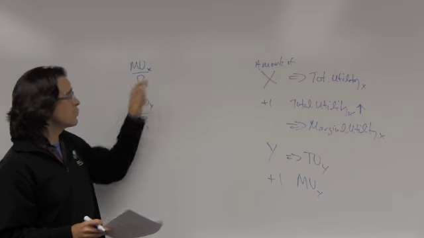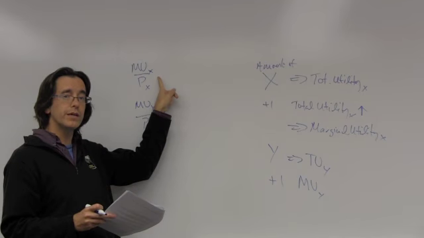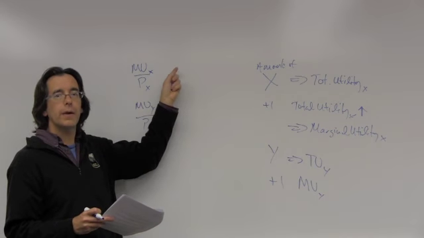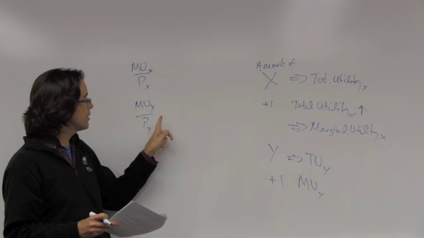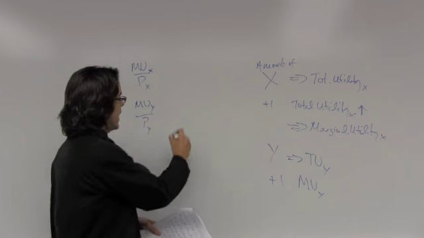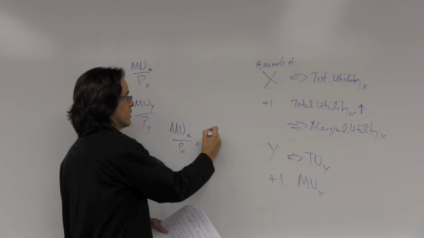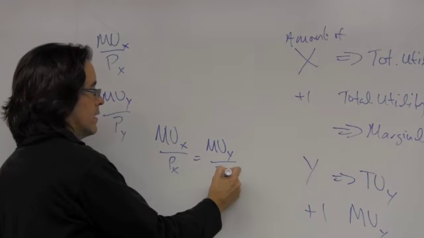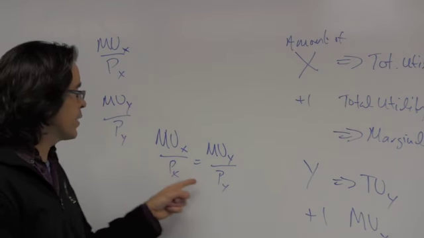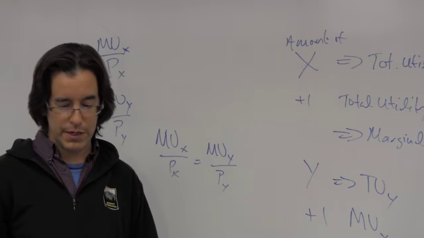If this ratio of marginal utility to price for X, how much more utility we can get for spending $1 on X, is greater than that of Y, then we're going to move $1 from Y to X. So this is a marginal decision rule, and what we end up with at the optimal point, when we no longer want to reallocate, is when the ratio of marginal utility to the price is equal for the two goods, or for all goods being addressed.